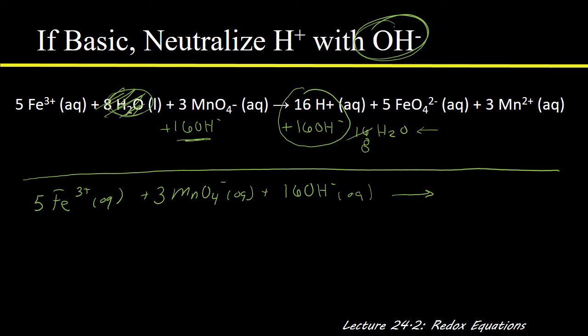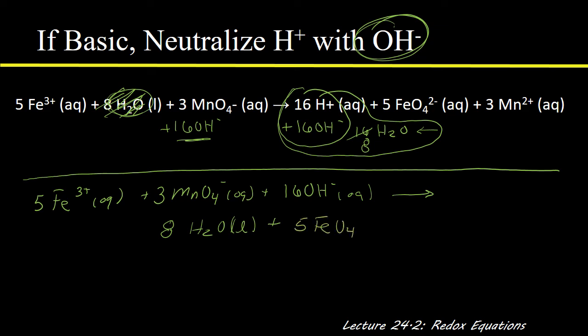And then on the product side, all of this business has been converted to 8 water molecules. All right. And 3 manganese ions again. So if you are required to balance this under basic conditions, this would be your final result.